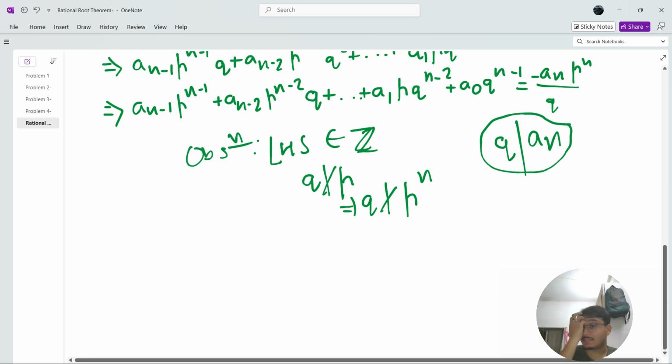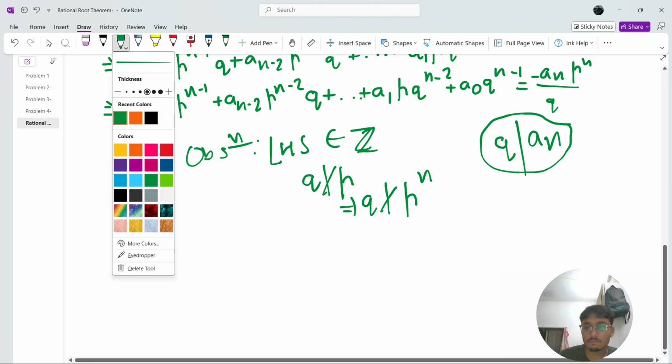Again, for my next step, I will be changing the color. Let's do it with red.